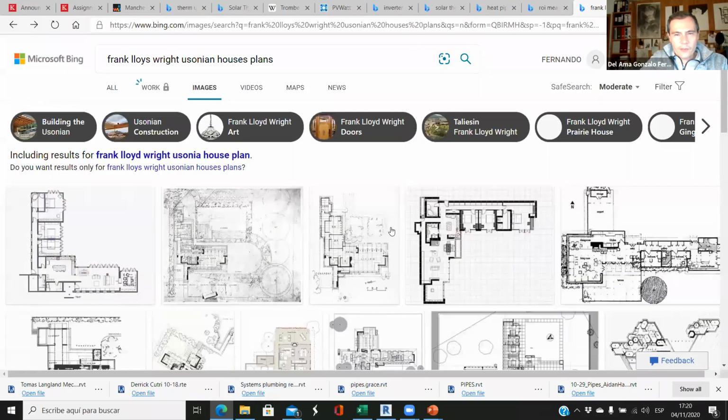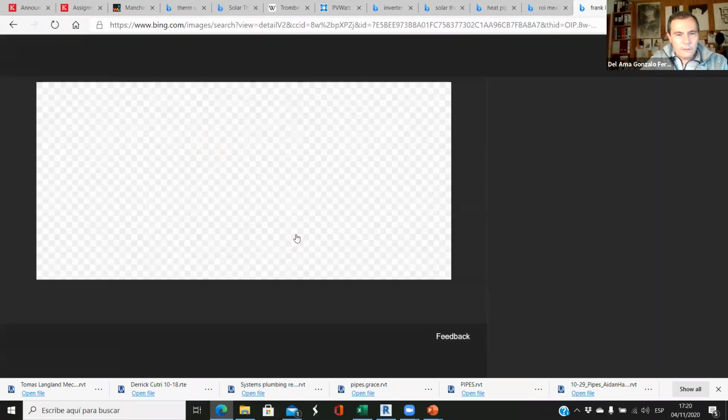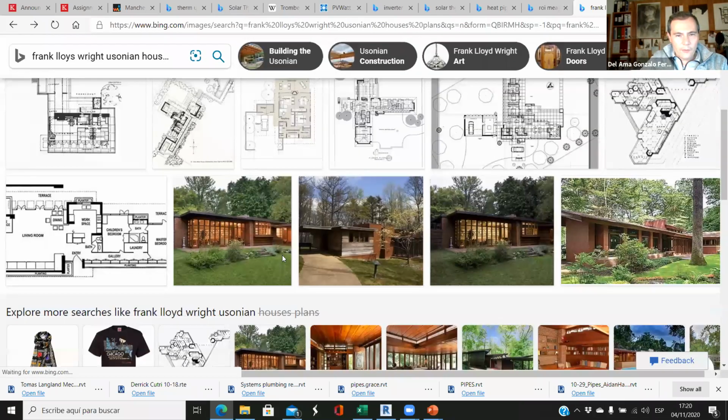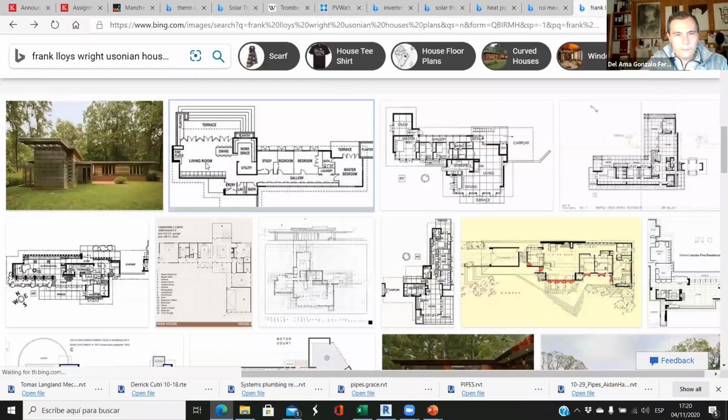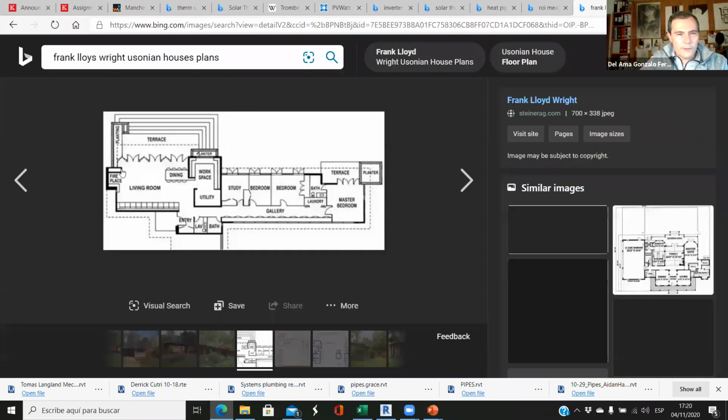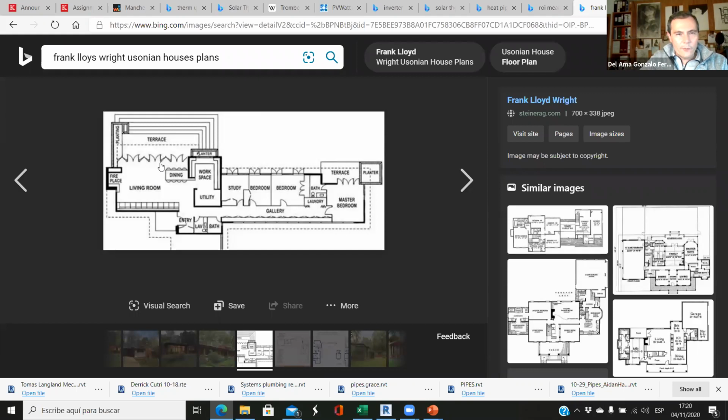There are different versions of these houses. No, this is not a Michelin house. There is always a fireplace. We have big openings facing south, small openings facing north.